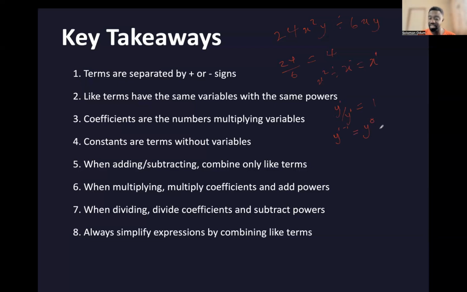Everything raised to the power 0 is 1. So 24x squared y divided by 6xy gives 4, times x, times 1. Multiplying 4x by 1 is the same as 4x, and the answer is 4x.